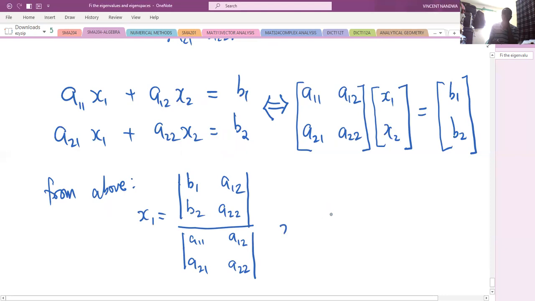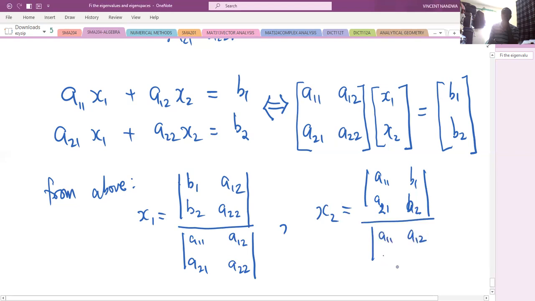And x2, we have determinant of a11, a21, b1, b2 over determinant of a11, a12, a21, a22.